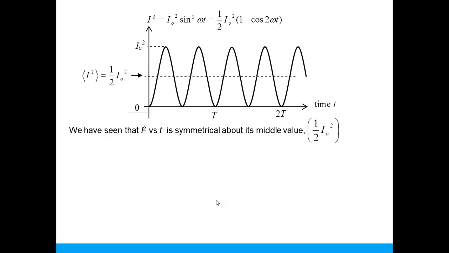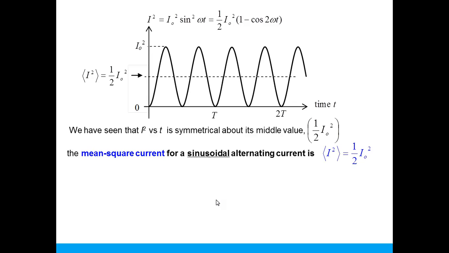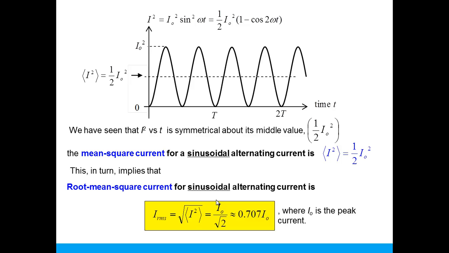One more time, the I square versus t graph is symmetric about the middle value. Hence, the mean square current for a sinusoidal AC is half I0 square. And the root mean square current, given by the square root of the mean square current, is I0 over square root 2, which is approximately equal to 0.707 I0.